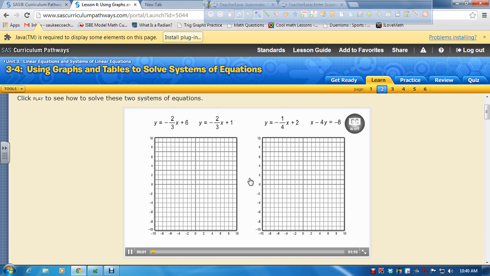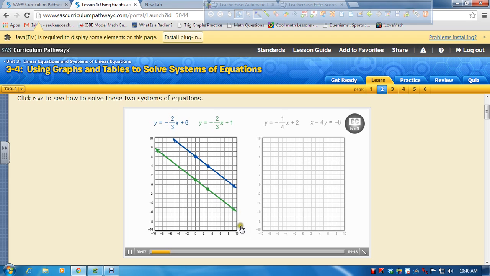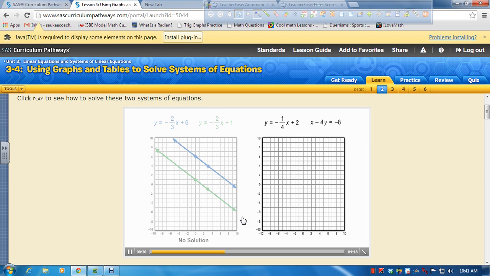Let's look at this first system of equations. If we graph these two lines, we can see that they are parallel. The slopes are the same, but the y-intercepts are different. These lines will never intersect, so there is no solution to this system of equations. There is no ordered pair that satisfies both equations. Now, let's solve the next system of equations.